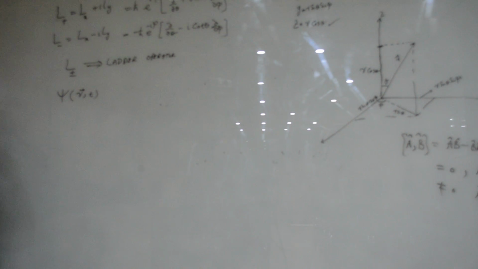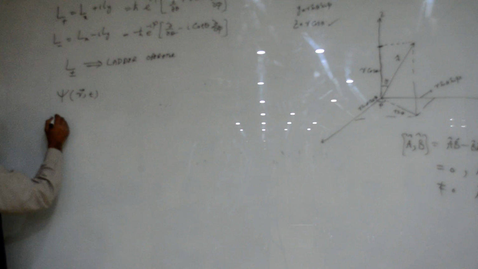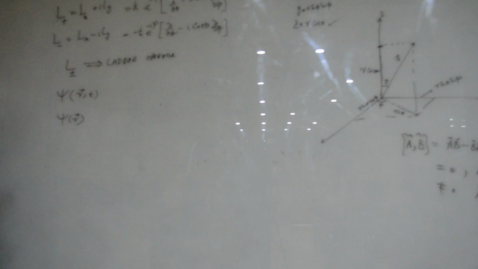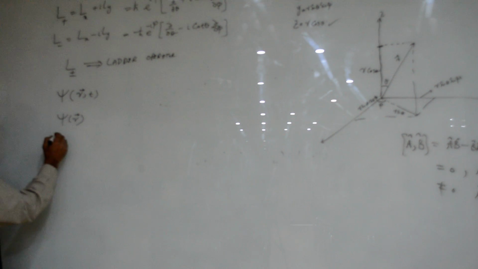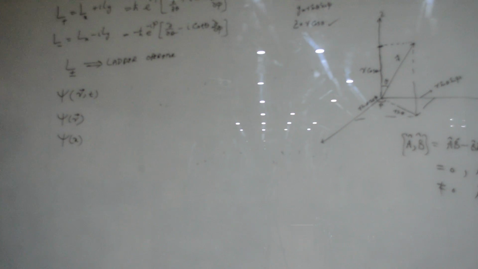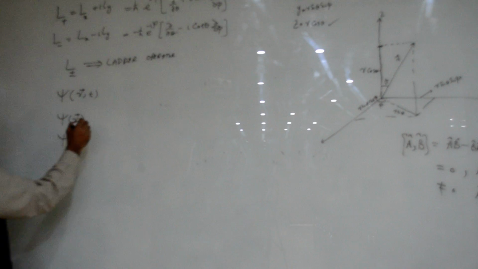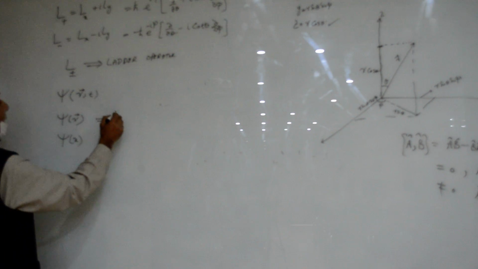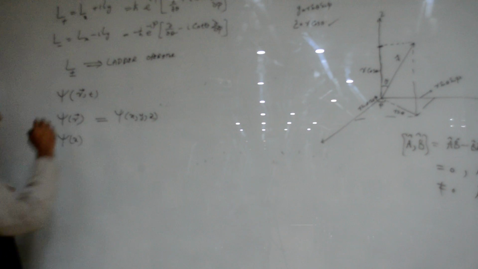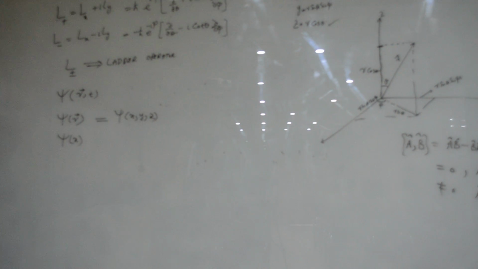If you ignore time, then this is just its space portion. This can equivalently be written as psi of x, y, z. These are several ways of writing wave functions.